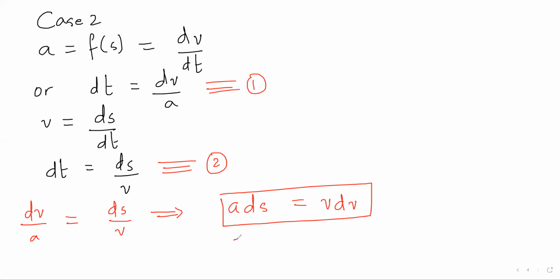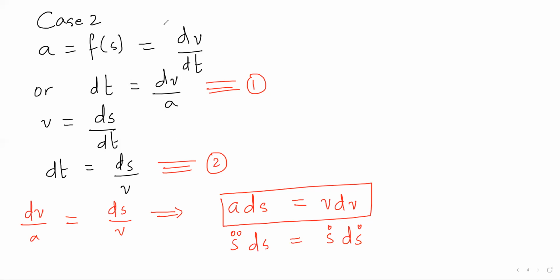So this a is s double dot, and this v is s dot, and this dv is ds dot. Oh, sorry, hang on. What did I write? Yeah, it's correct. So for those of you who are saying, how can this help us?